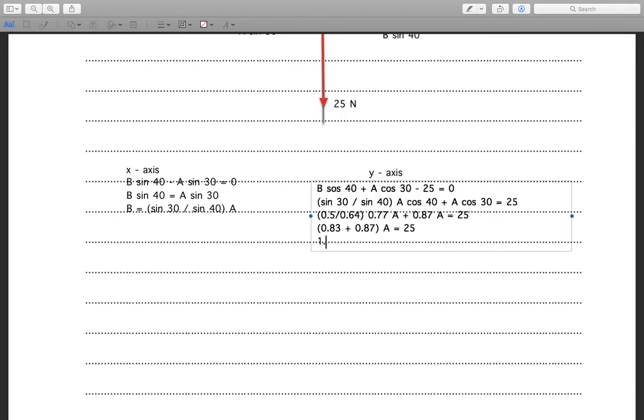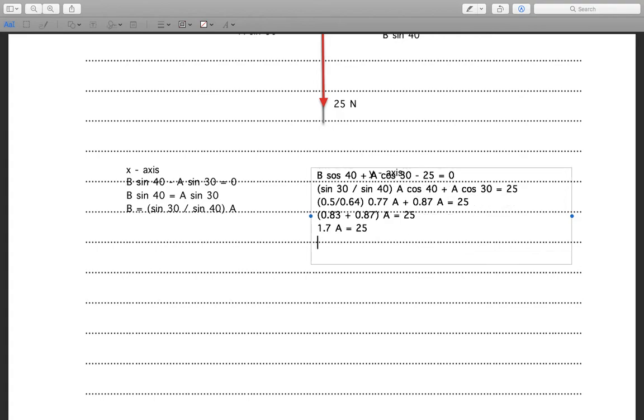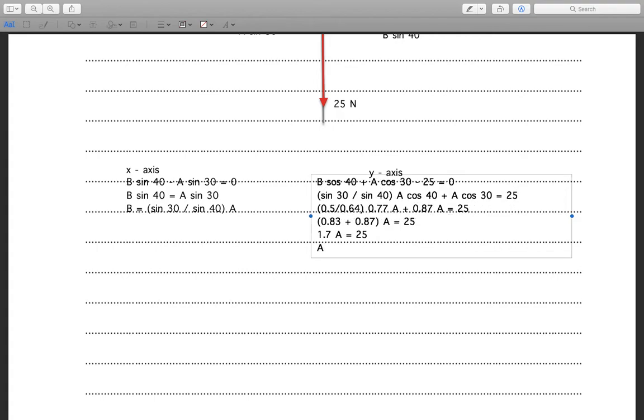This is 1.7 A equals 25. We get A equals 25 divided by 1.7, which is 14.88 Newton. Okay, finally we get A.